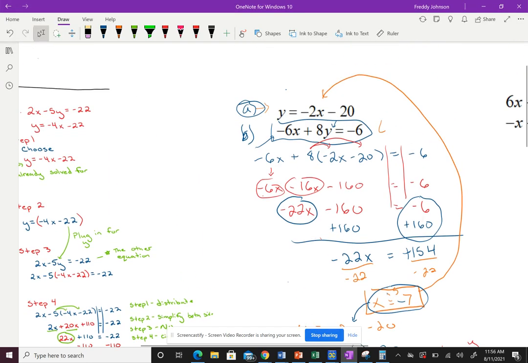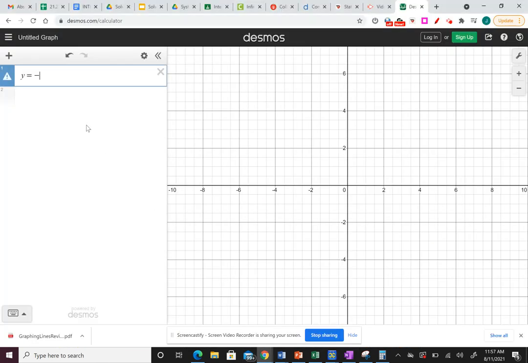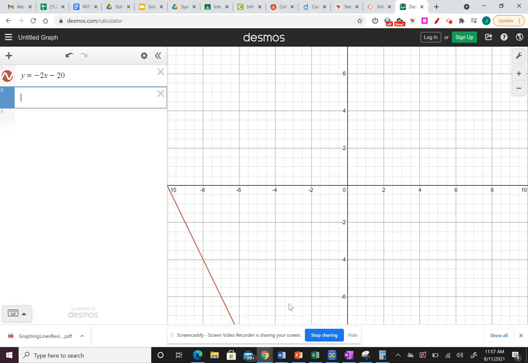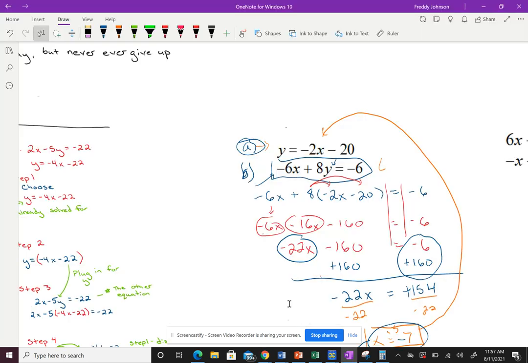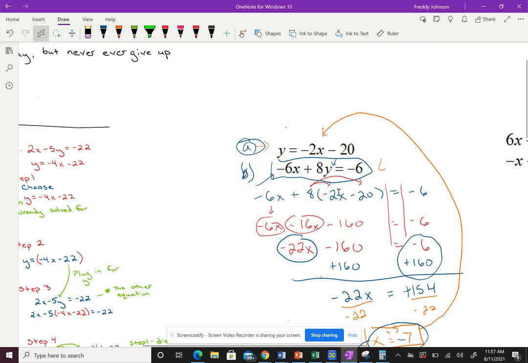Okay, so I'm going to take this problem, y equals negative 2x minus 20, and I'm going to type in negative 6x plus 8y equals negative 6. If I were to graph those, then remember the solution where they cross at would be my answer. And there it is right there, negative 7, negative 6. So if I were to graph this, then I would get it.